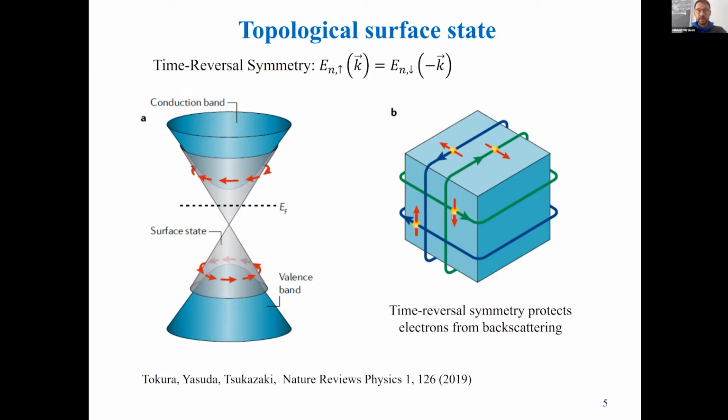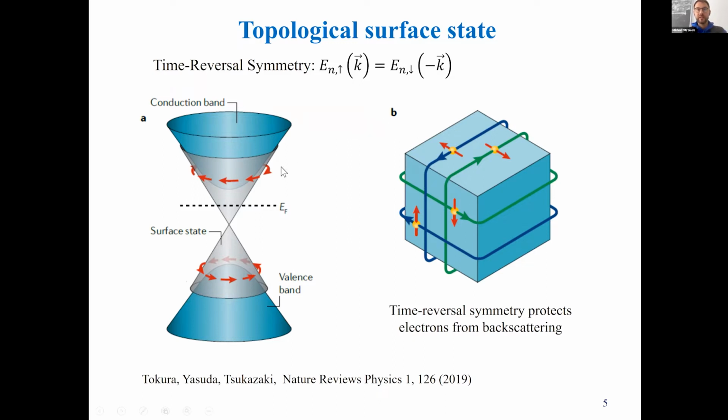Moreover, this time reversal symmetry protects the electrons in the topological surface state from elastic backscattering, because to backscatter, or in other words, to change the direction of the motion to the opposite, you have to flip the spin, but this is not possible without magnetic perturbations.